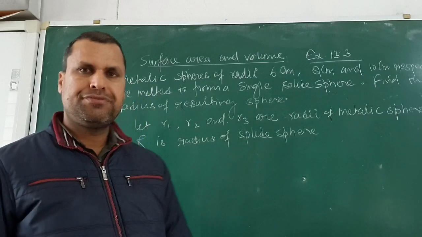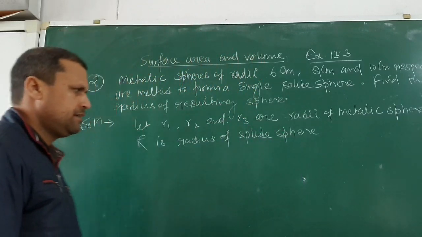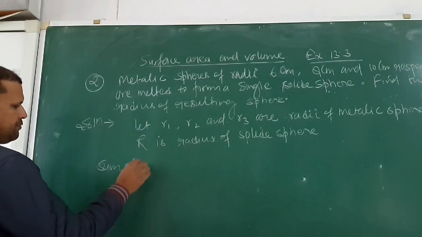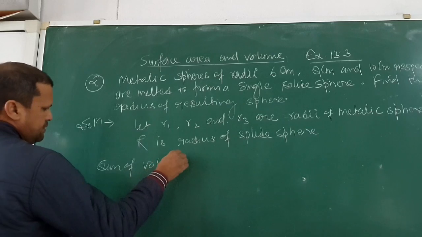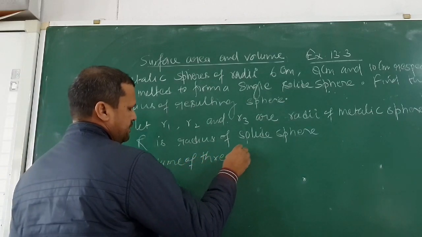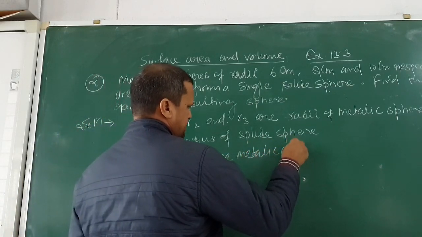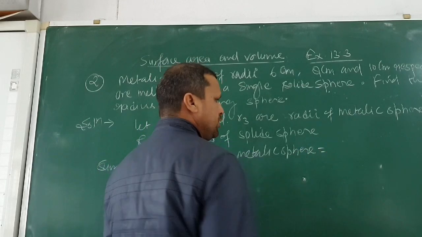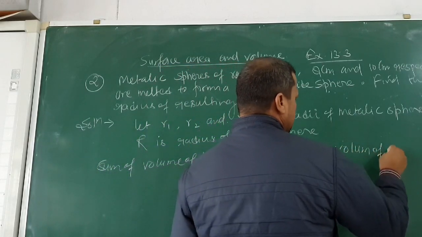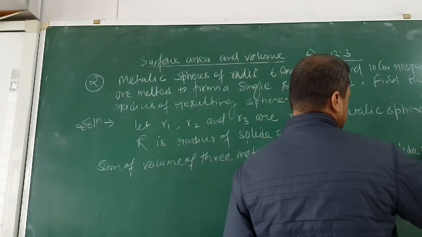Now, the sum of the volumes of the three metallic spheres is equal to the volume of the solid sphere.